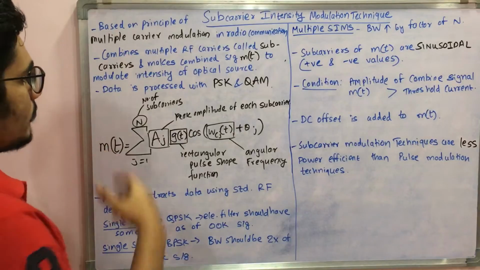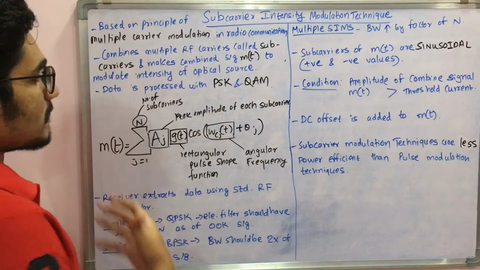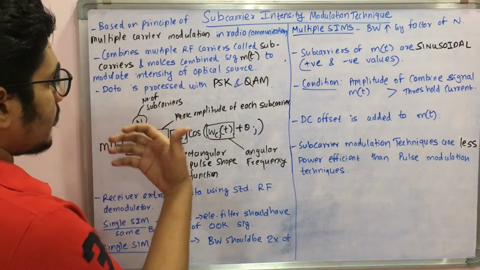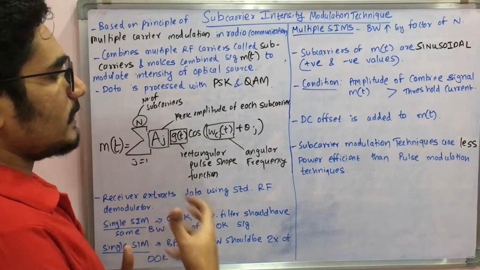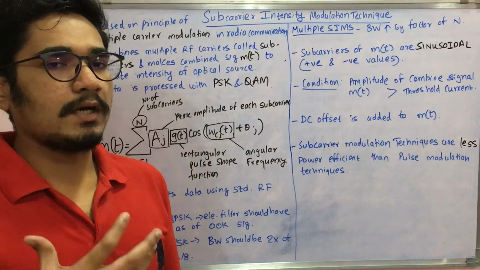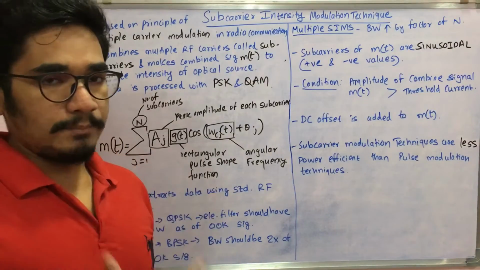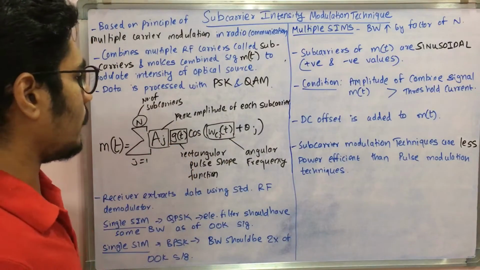In this, capital N is the number of subcarriers, how many subcarriers there are in that particular signal. Capital A j is the peak amplitude of each subcarrier, meaning every subcarrier has its own frequency and its own amplitude, and the peak amplitude of each subcarrier is considered in this equation.